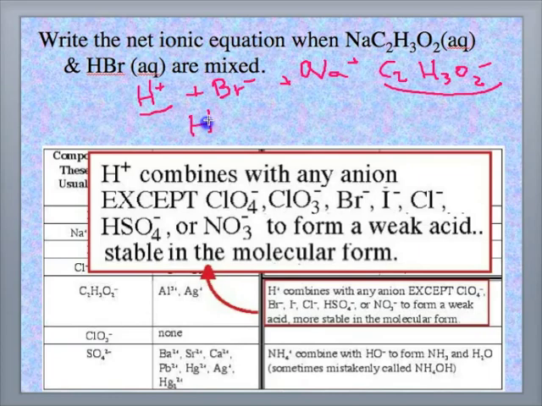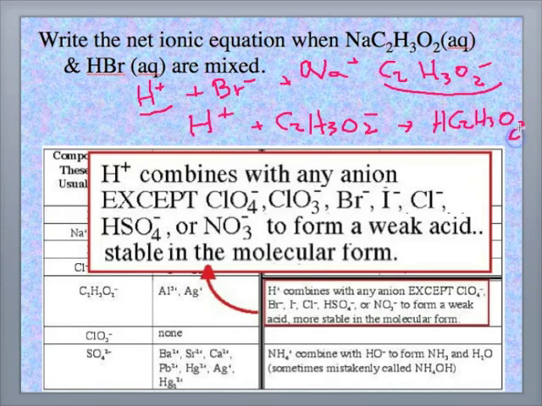So the net ionic equation for this is H+ plus C2H3O2- forms HC2H3O2. That's what happens when you have an anion that is the salt of a weak acid combining with a strong acid. It forms the weak acid as in the molecular form.